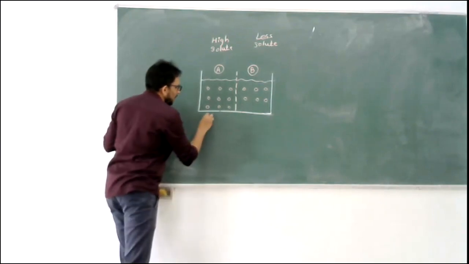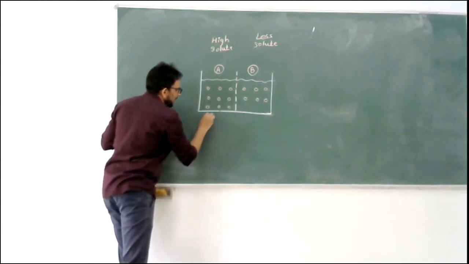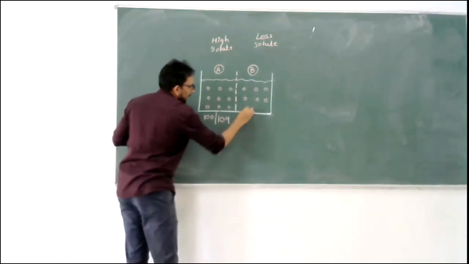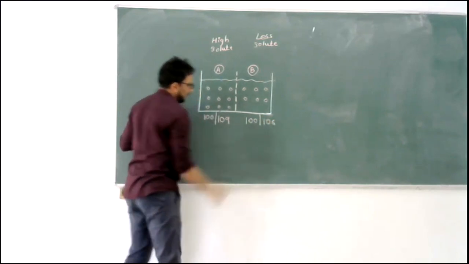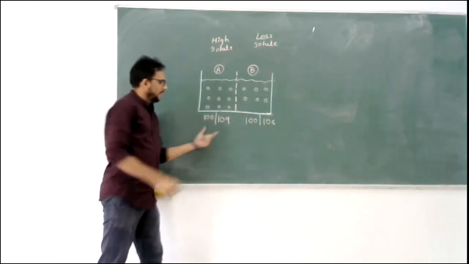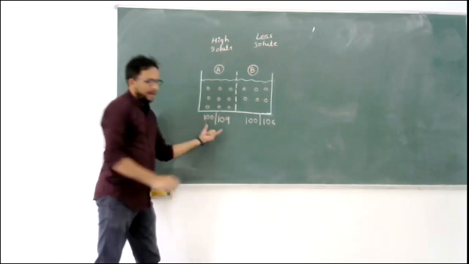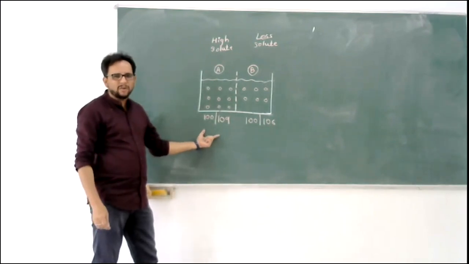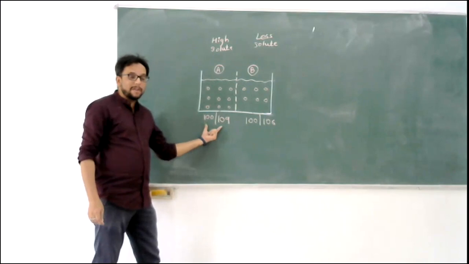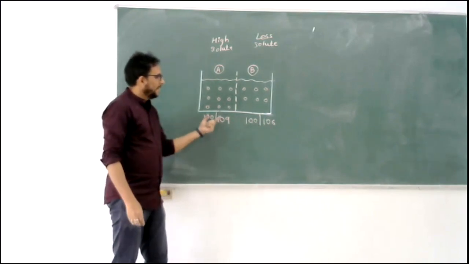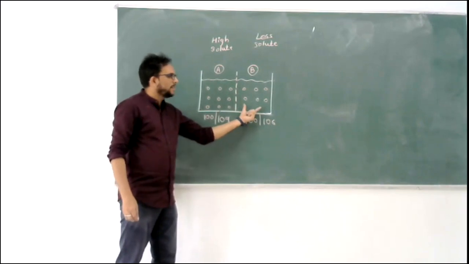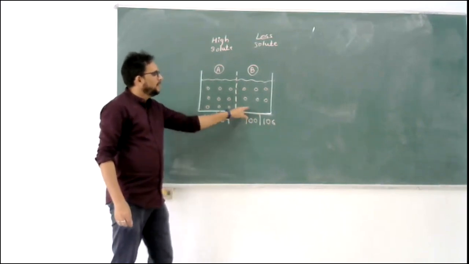So the concentration of water here is 100 out of 109, and in this case it will be 100 out of 106, right? This number will be smaller, this number will be bigger. Why I am telling you this is to tell you the solvent concentration in this compartment will be more.